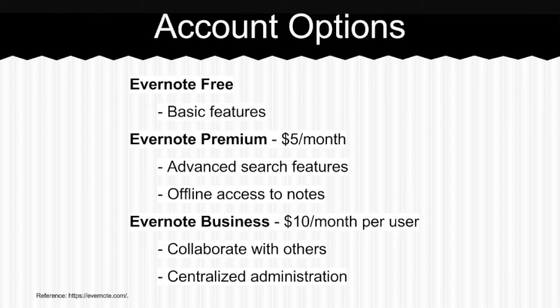So that's helpful, as well as the Evernote for Business, which is $10 a month per user. It allows you to collaborate with others very easily and effectively. And the centralized user has the main administration of the account. So that's very helpful for business purposes and collaboration purposes.